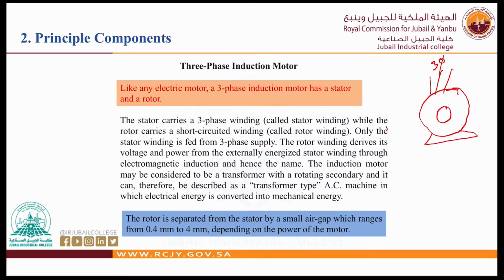Please understand that 0.4 millimeter is nothing, it is a very small area. Okay, a very small space for the magnetic field to go from the stator to the rotor.